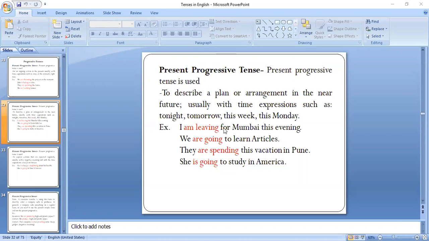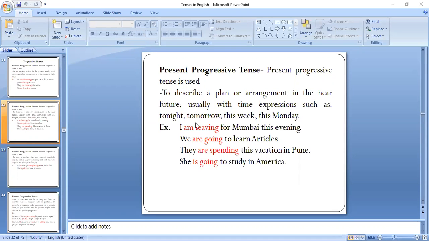Okay, so to describe a plan or arrangement in the near future, usually with time expressions such as tonight, tomorrow, this week, this Monday. Okay, so the time expressions which we are using for present progressive tense or continuous present tense are tonight, tomorrow, this week, this Monday.